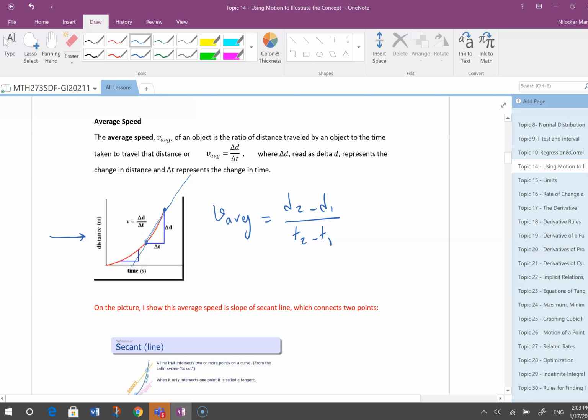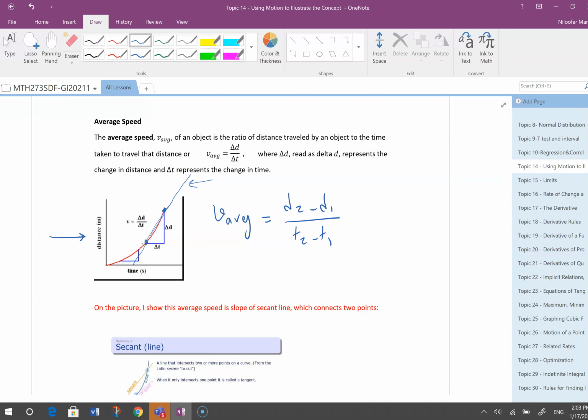Okay, I have a line that connects these 2 points, and the slope of this line is the change in y, which is d2 minus d1, or change in distance over change in time, like the change in x, which here is t2 minus t1. Okay, average speed means the amount of distance changed over the amount of time changed.